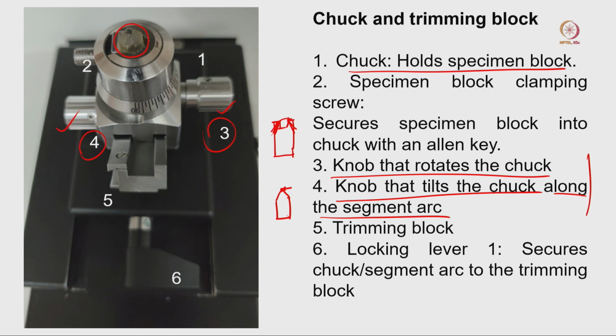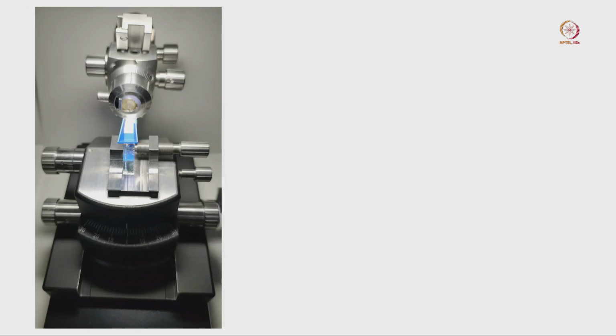Now at the end we are showing you whatever I explained so far. This is the entire sample holder unit, where this is the sample with a resin block and the tissue located here. And you can see this is the glass knife we are talking about. Most of the time the glass knife has this kind of shape, and this is the edge which is going to cut the sample.